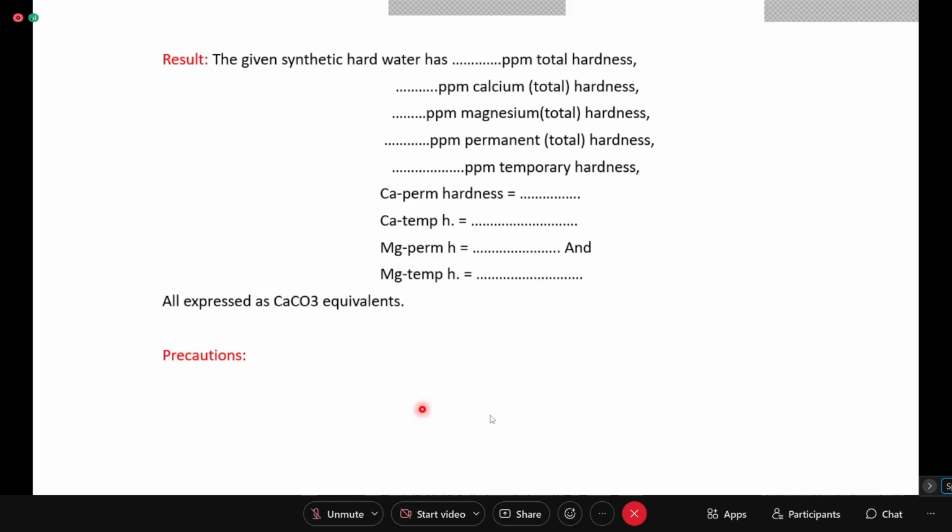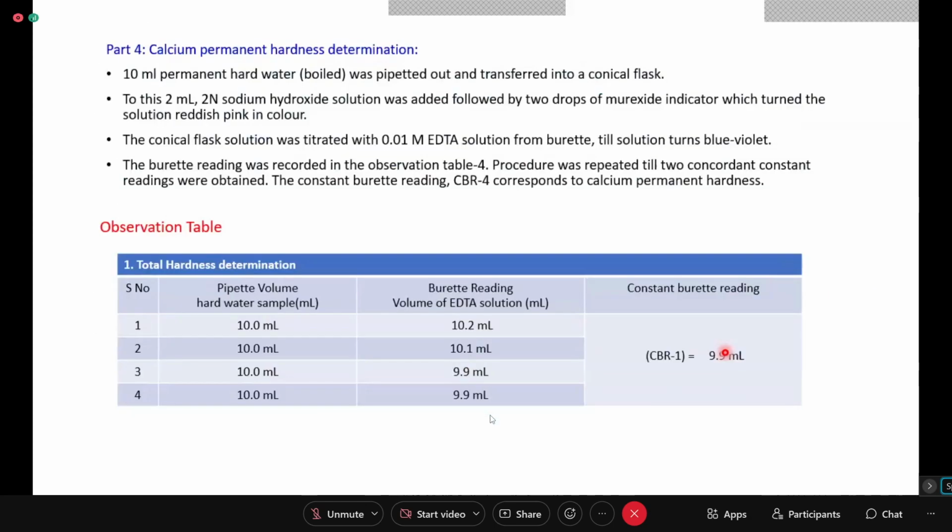Keep one as a reference on the white tile, and the other conical flask with NaOH and indicator should be titrated with EDTA to check the color change. Once you get to know the color change, you can perform that. Okay, so these are some of the precautions. Things are clear? Thank you, ma'am.